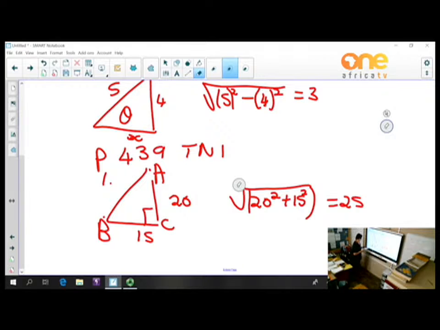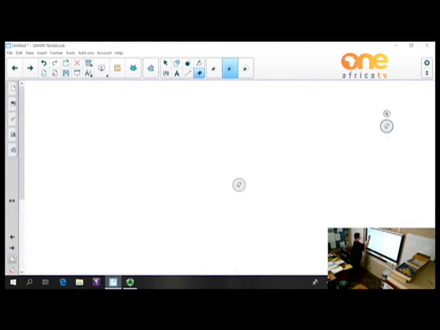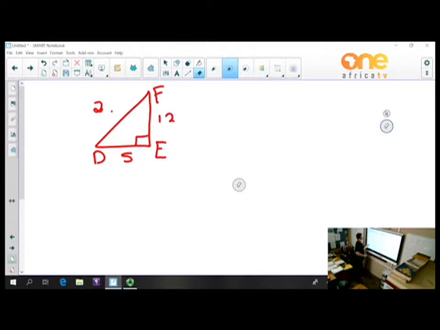So we can do the same now with the next ones. Number 2. So again, I have a right angle triangle. We have to label them, otherwise we won't know where is which angle. So that one is E. This one will then be D, and that one will be F, D, E, F. So DE is 5, EF is 12, and we have to find this one.